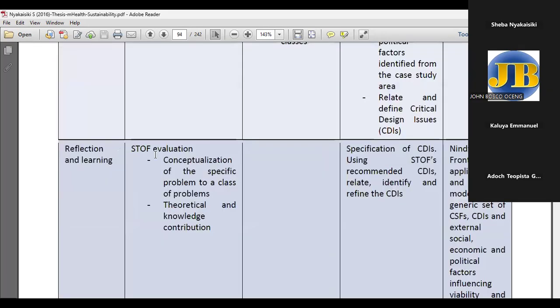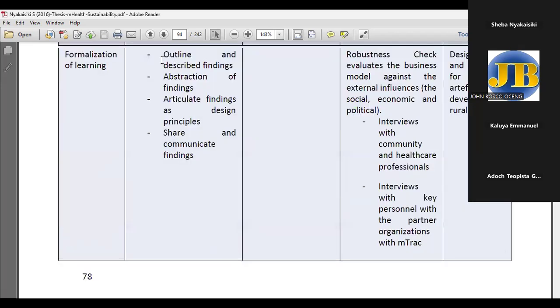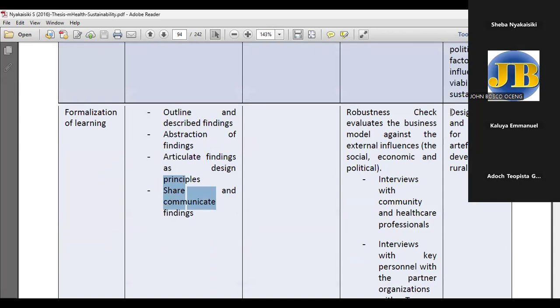Then in reflection and learning, I said here I used Stoff, one of my theoretical frameworks. And here I said I looked for specifications of critical design issues, and then what my output was. Formalization. Here I said I outline and describe findings, articulate the findings, share and communicate. Then I said what my final output was.